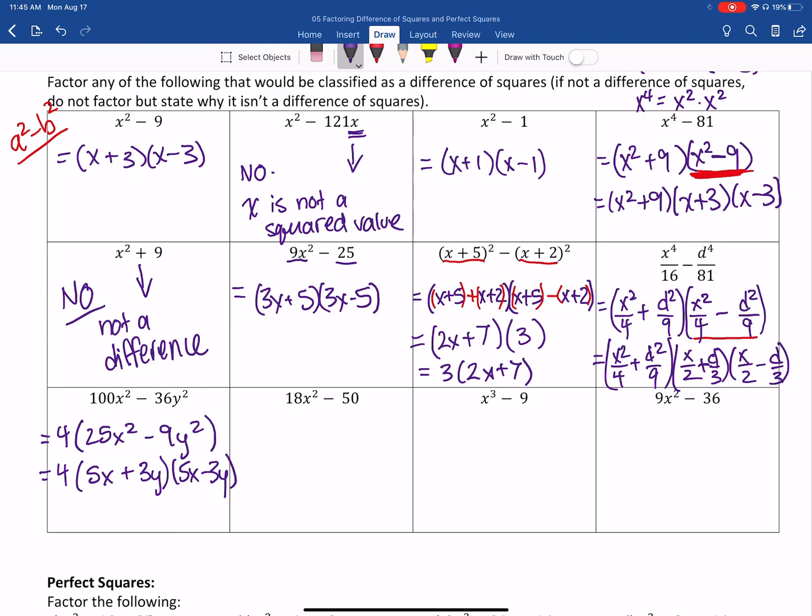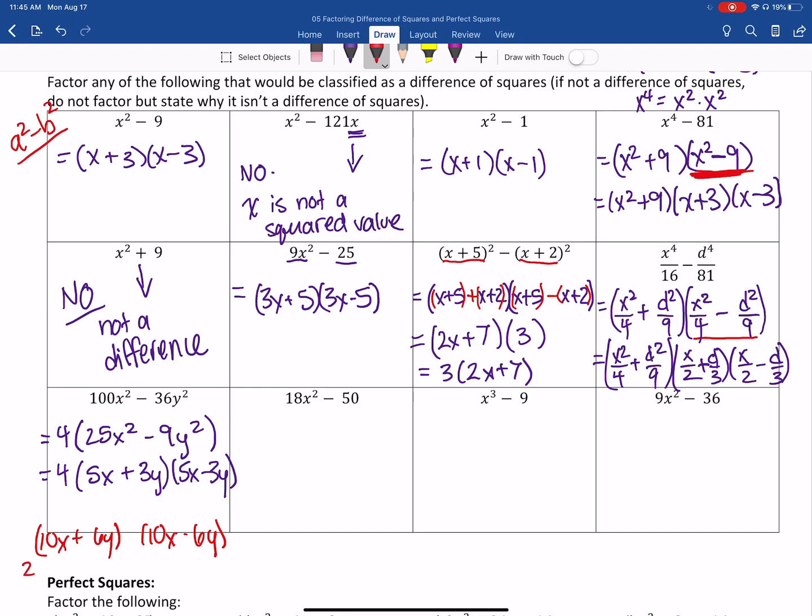Again, if you did the other way, I'm just going to show you how to get the same answer just below here. So if you did the 10x plus 6y, and then another 10x minus 6y, you know that you could have common factored out the 2 out of each one.